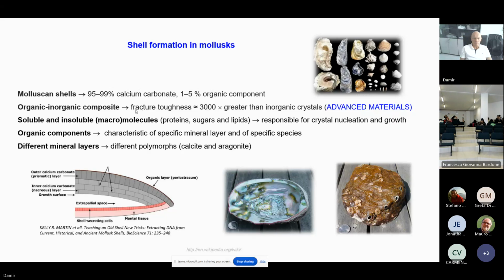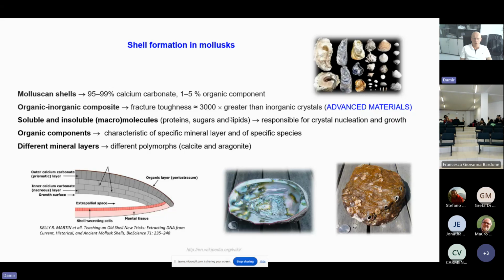The organic part contains soluble and insoluble macromolecules that are proteins, sugars, and lipids. And it is supposed that they are responsible for crystal nucleation and growth. Each organic component is typical for a specific mineral layer or even for a specific biological species.